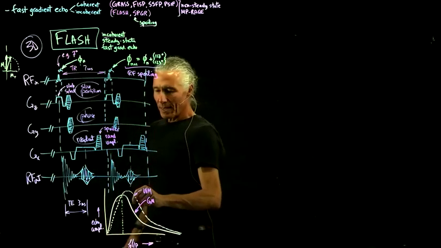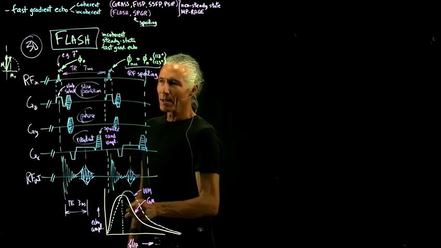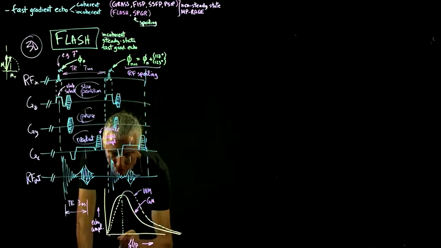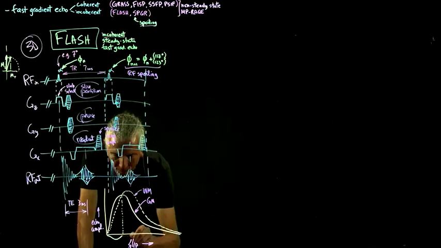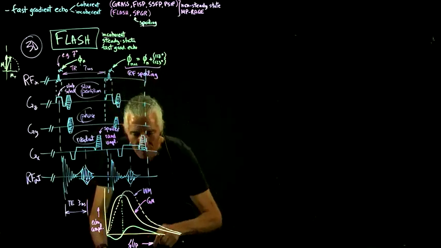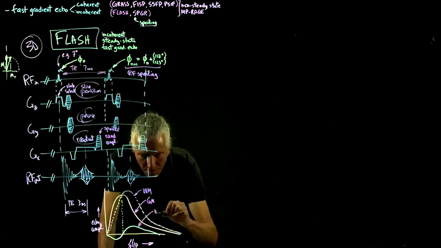And what if you picked something over here, less than where they cross? You'd end up with the white matter being darker than the gray matter, so you'd end up with a negative number there. But then there'd be a maximum in the contrast. This is white matter minus gray matter.